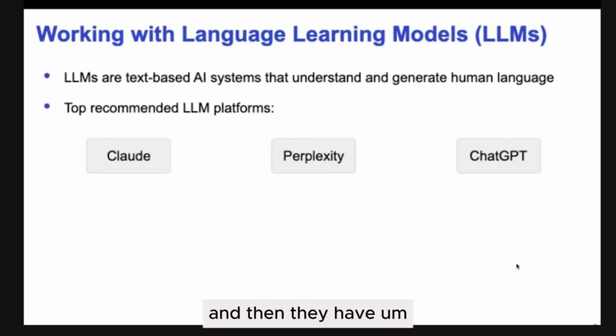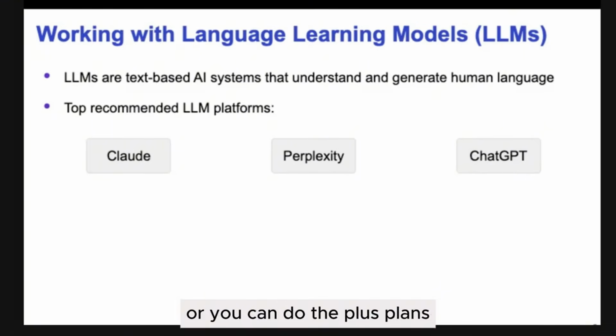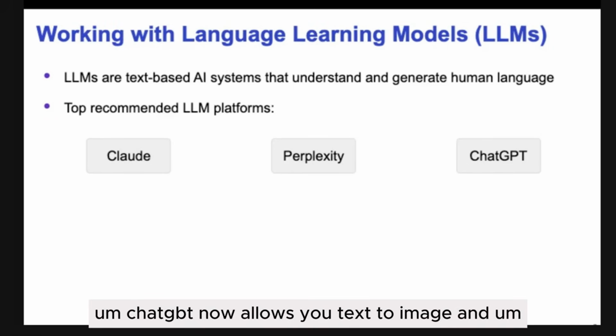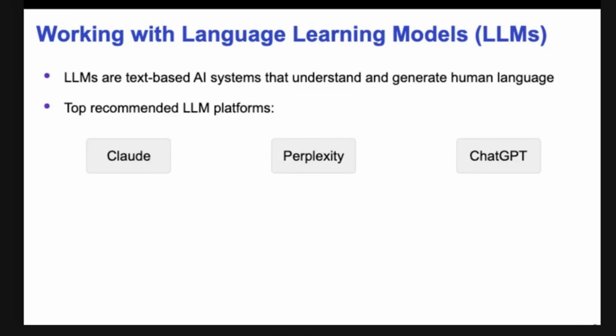And then they have some options where either you can do the free plan or you can do the plus plans depending on your needs. And what they are is just text to basically whatever you want. So it could be text to coding. ChatGPT now allows you text to image, and you could do text to design. So it's actually pretty useful.